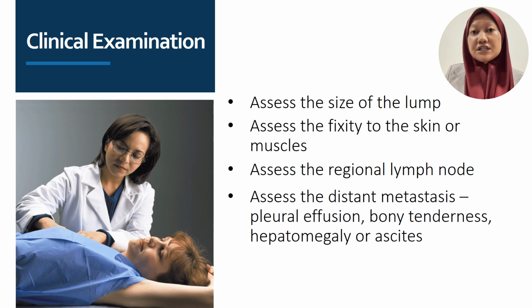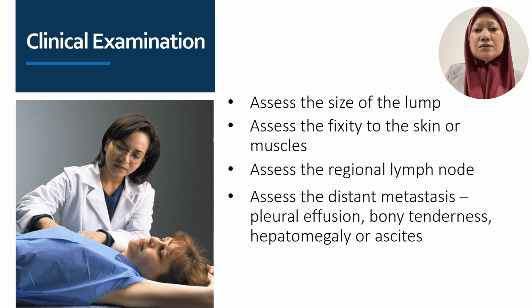Following this initial assessment, a clinical evaluation is performed to determine the clinical staging of the patient. During this assessment, the doctor will evaluate several key aspects. First, the dimensions of the lump are measured to gauge the extent of the tumor. Second, the doctor will assess whether the lump is fixed to the surrounding tissue, for example, to the muscle or to the skin, which indicates more advanced disease.